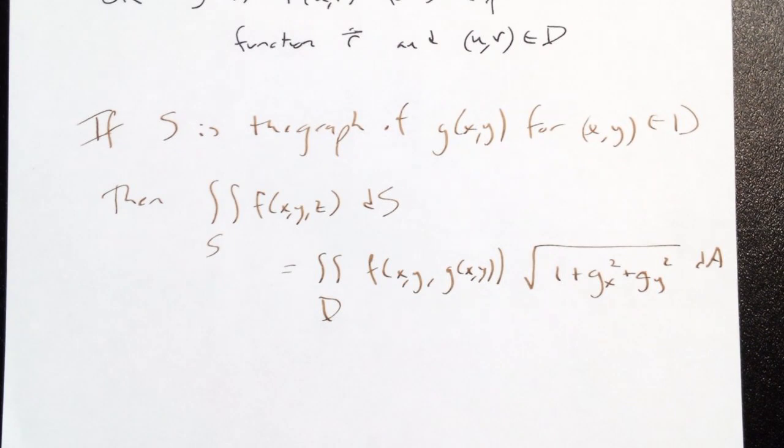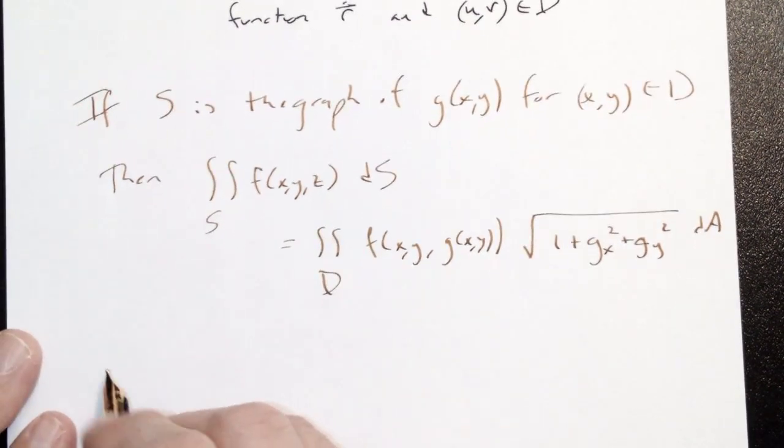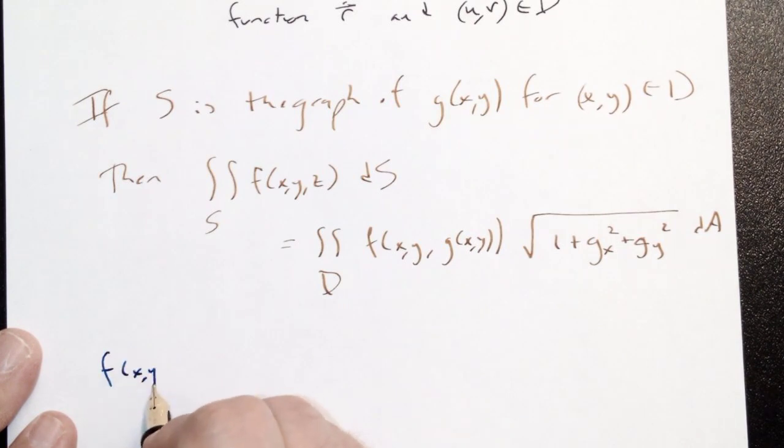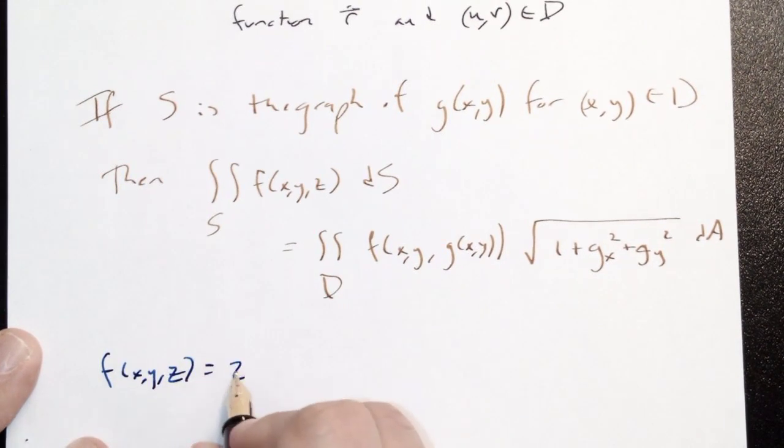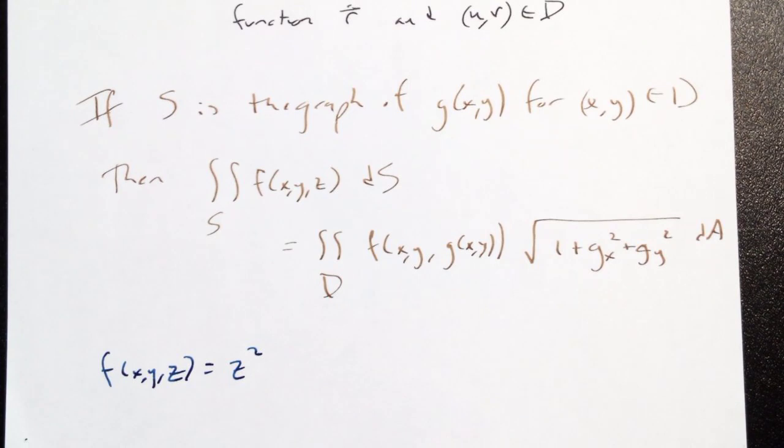Now I can already see on your face, you're like, right. So let's do an example and see if I can make this make sense. Let's consider a function that's fairly simple, z squared.